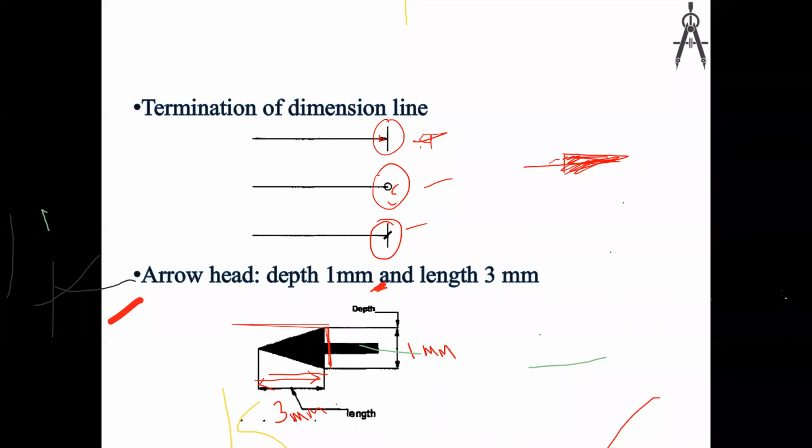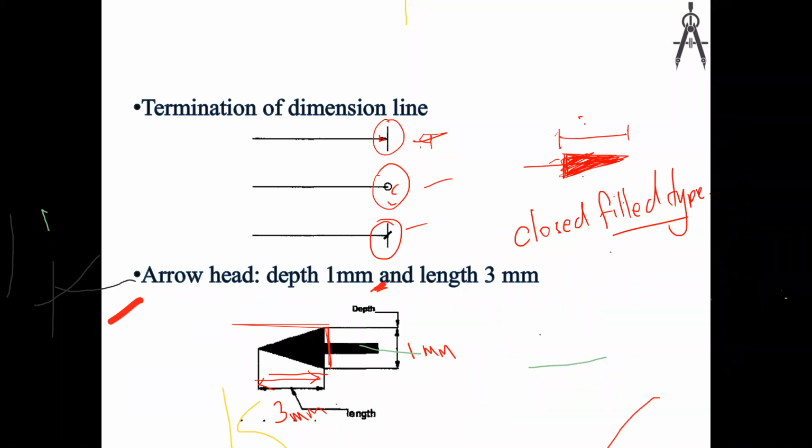This is called closed fill type. This length is 3 millimeters and this depth is 1 millimeter. You should consider these things when you are drawing an arrowhead. If you draw an arrowhead like this, it is wrong.